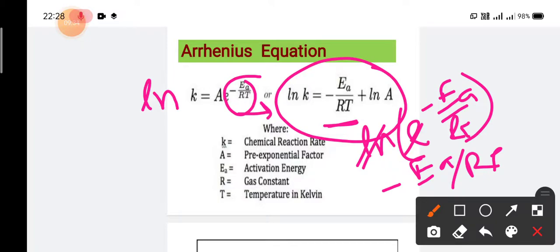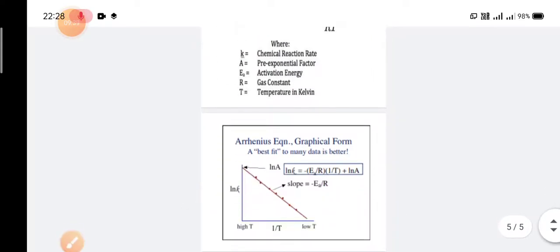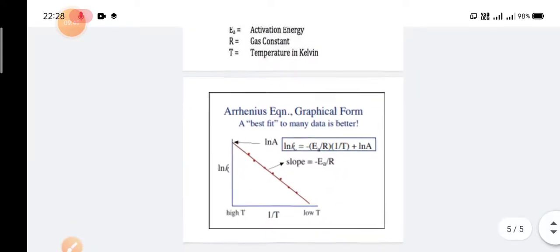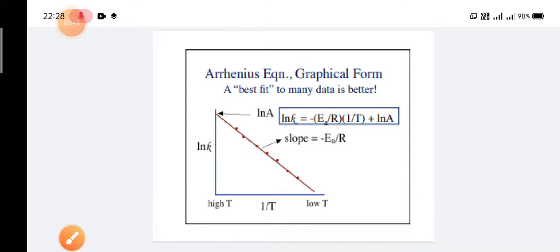Okay, so here if we take a graph between ln k versus 1 by T, how can we get that graph?